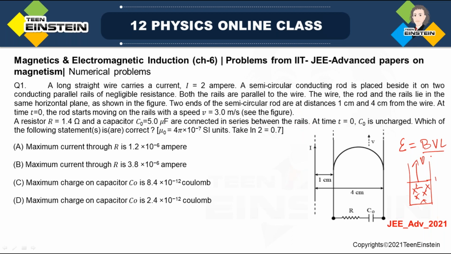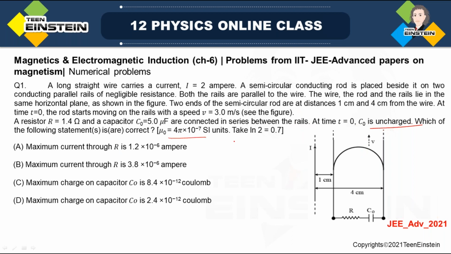But this is the general formula, and the most general formula we will write here. Okay, let us see the questions. So at t equal to 0, C0 is uncharged. That means this capacitor is uncharged at t equal to 0 when this rod just started moving. Which of the following statements is or are correct?